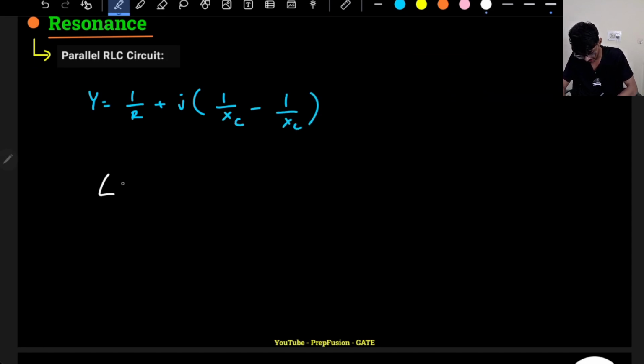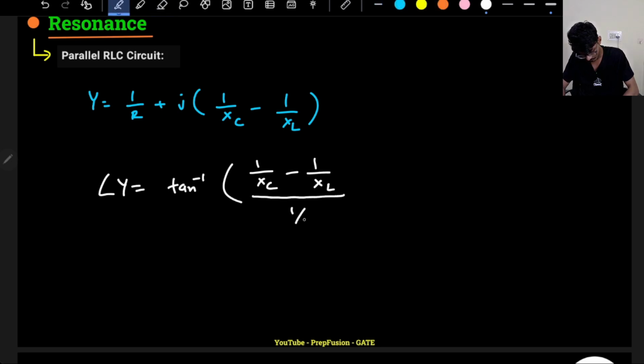So the admittance angle will be tan inverse of (1 by XC minus 1 by XL), depending on the sign, divided by 1 by R. So this is the admittance angle basically.